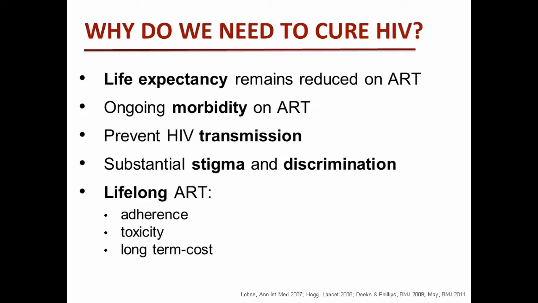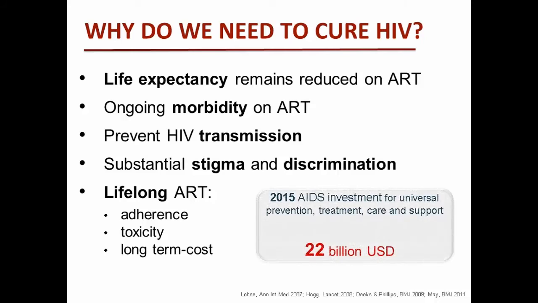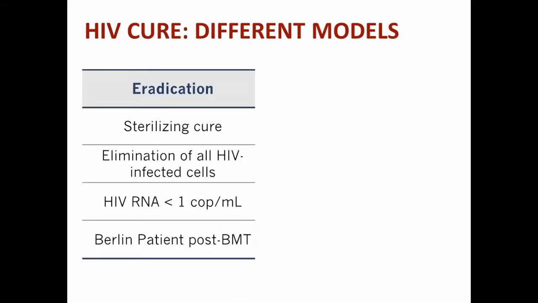But the calculation was that if you do not prevent the infection, and if all patients do not undergo treatment, the cost all over the world is supposed to be of the order of $22 billion per year to support treatment, prevention, and care of the infection. So it is clear that the optimal result of therapies and strategies would be the eradication.